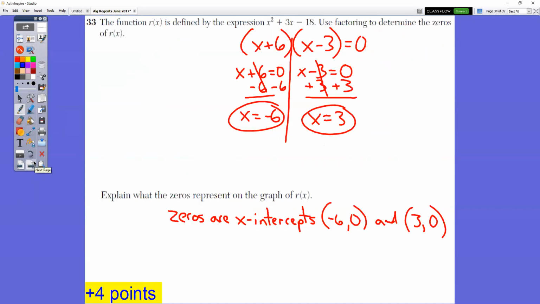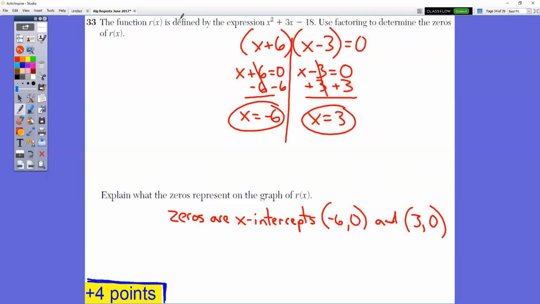Now, 33, notice that this starts the 4-point questions, all right? It says the function r of x is defined by the expression x squared plus 3x minus 18. Use factoring to determine the zeros of the r of x.